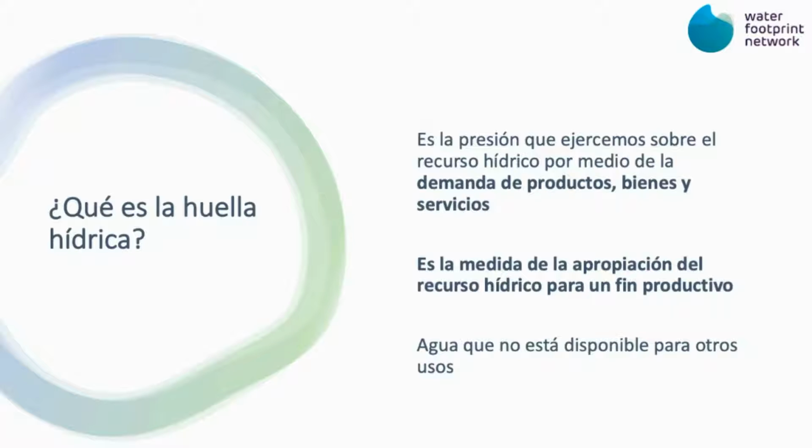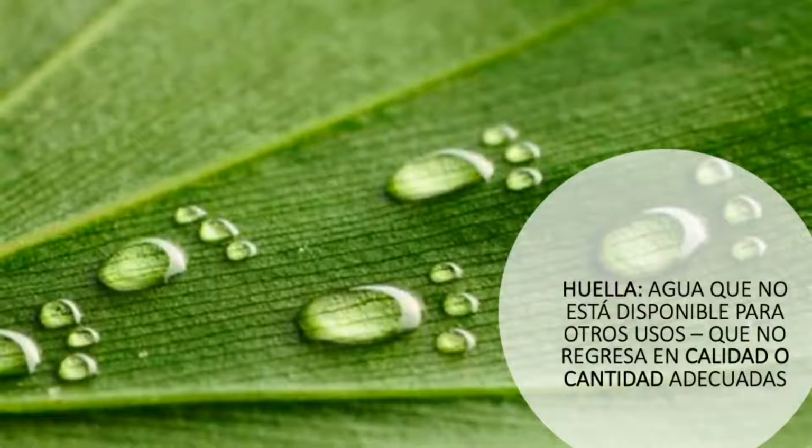But the portion of the water that we took out of a river, a stream, a lake, or from groundwater, that is not given back to where you took it at the beginning, that's your footprint. So that's how we talk about the footprint. It's water that is not available for other uses, that is not returning in the same quality or in the same quantity as you took it. That's the footprint.